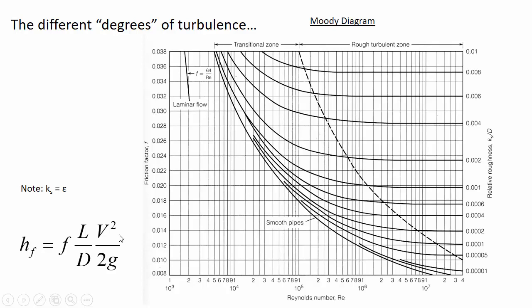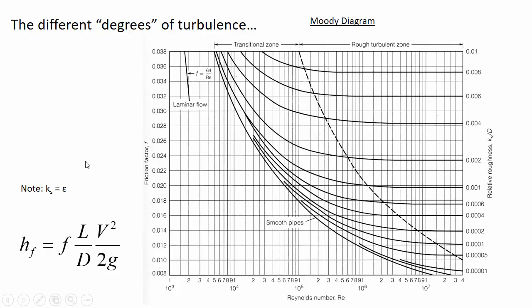So the process that you're going to go through is, first, you're going to consider what's the relative roughness. And so that's the vertical axis on the right side of the diagram. So k sub s, sometimes also assigned to the variable epsilon, is the equivalent sand roughness of whatever the material is. So if the material is cast iron versus ductile iron versus galvanized steel, you can look up that material property in a table.